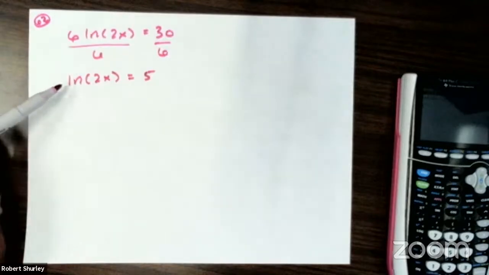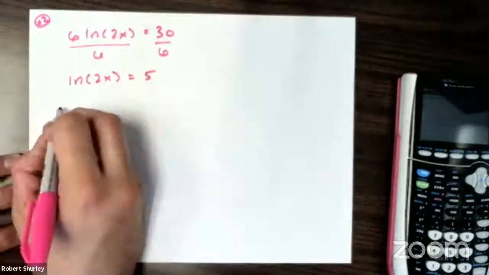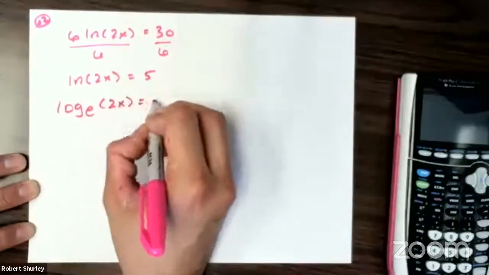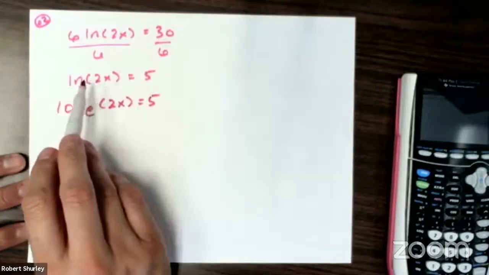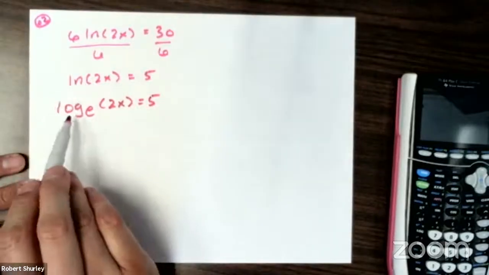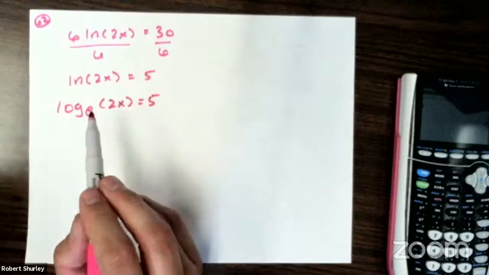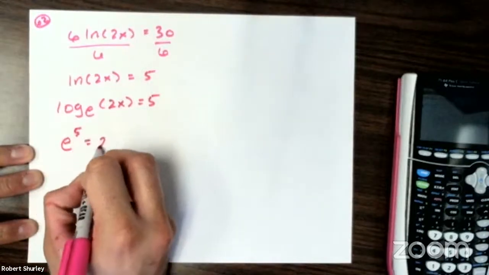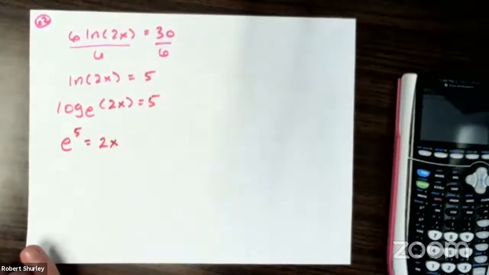We just have to realize that ln is really log base e. You don't have to write this down, but if you don't remember, ln is just log base e. This is where I'm getting it from. So now I'm going to write this as an exponent, and it would be e to the 5th equals 2x. That's where it's coming from.